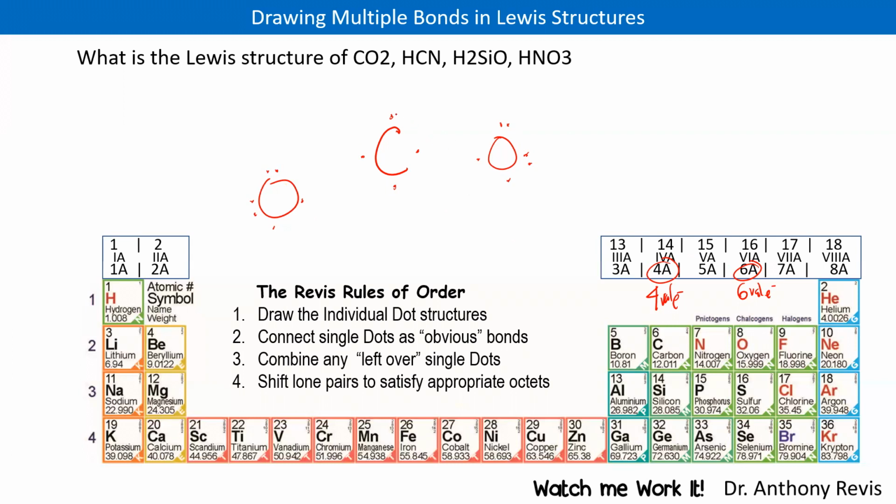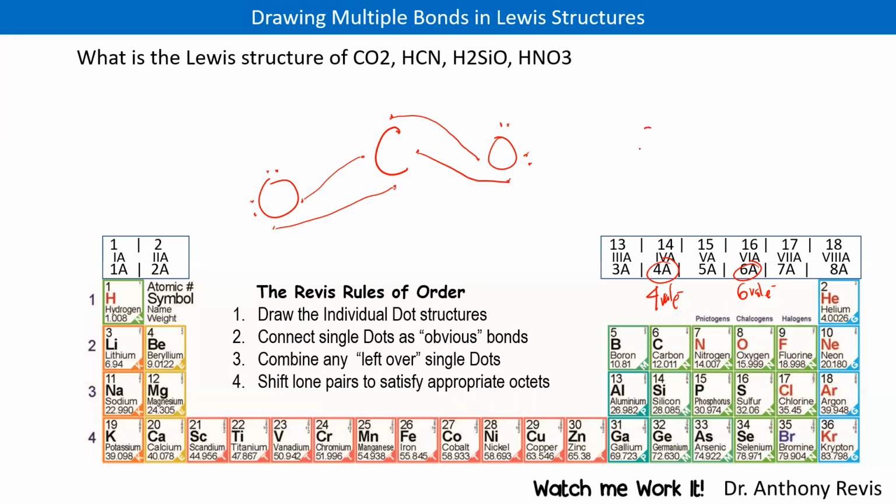Carbon has four opportunities to bond because there are 4 single dots. Oxygen has 2 opportunities to bond, and I have 2 of them, so I'm just going to do the obvious. There's 1 dot, there's 2 dots, there's 1 dot, there's 2 dots.